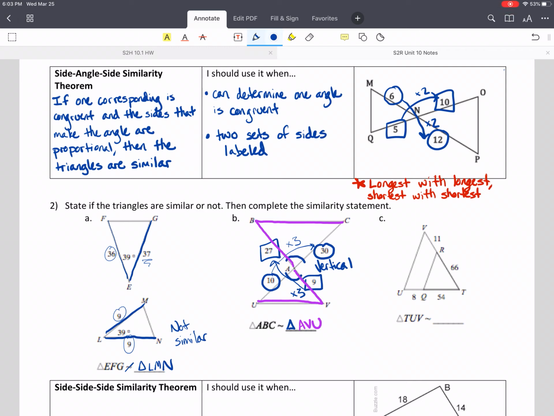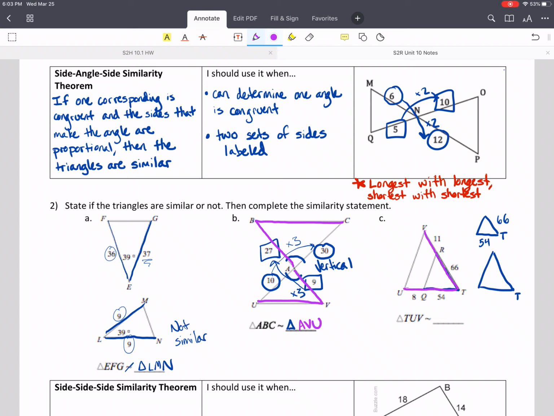Okay, for part C, be careful because there are really two triangles here. And I really encourage you to draw out both of those triangles separately, because this one is not hard to pick out the dimensions for, because I got a 66 and a 54. But the bigger one is the full side length.